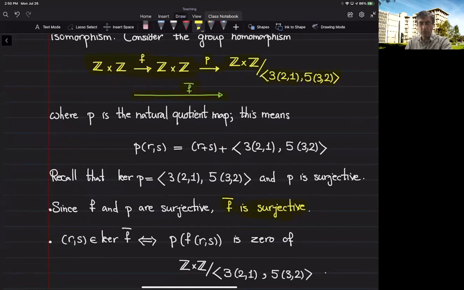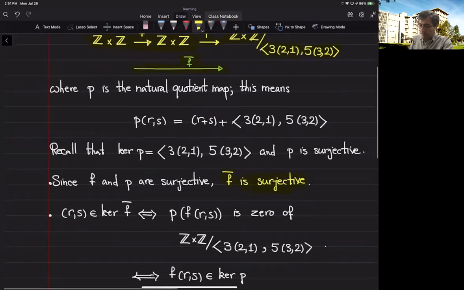Next, I'm going to understand what the kernel of F bar is. So a pair of integers belongs to the kernel of F bar precisely when P of F of this pair is 0 in the factor group.